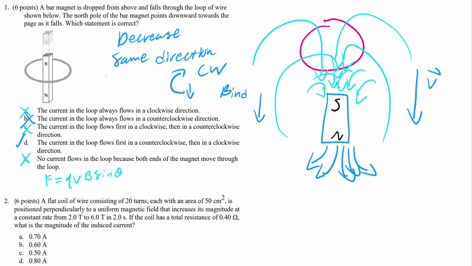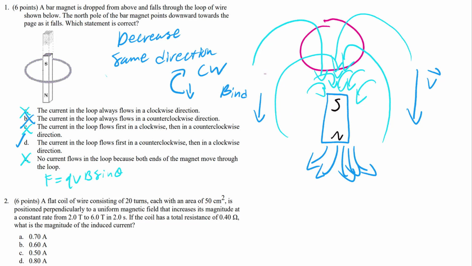Because we're increasing the amount of field lines in this ring, we're going to go in the opposite direction. So notice that we were going down at first, so we're going to go in the opposite direction and point our thumb upwards, curl our fingers towards ourselves, and notice that it's going to be in a counterclockwise position.